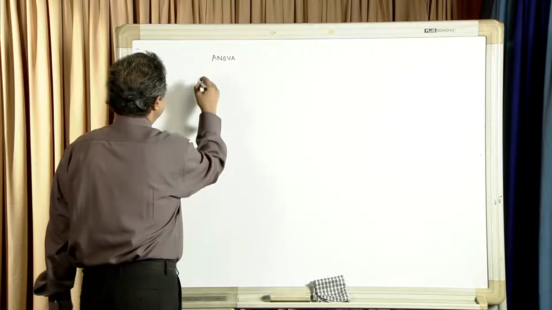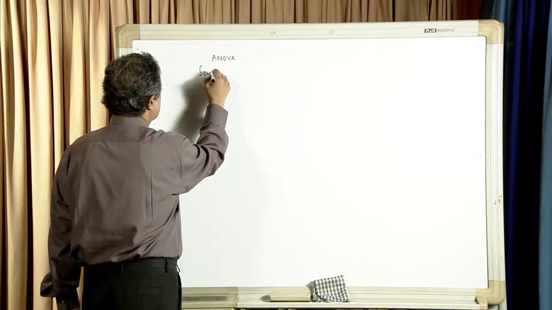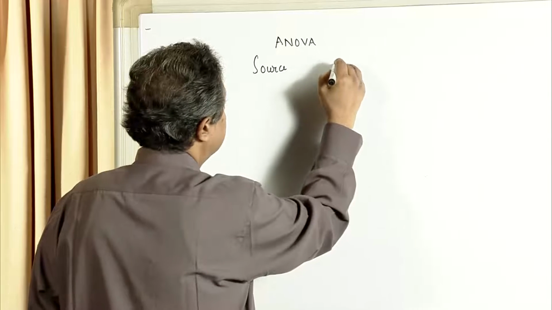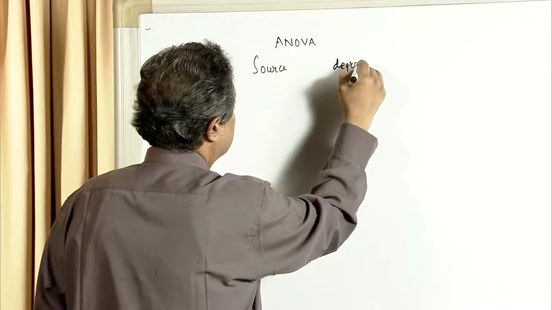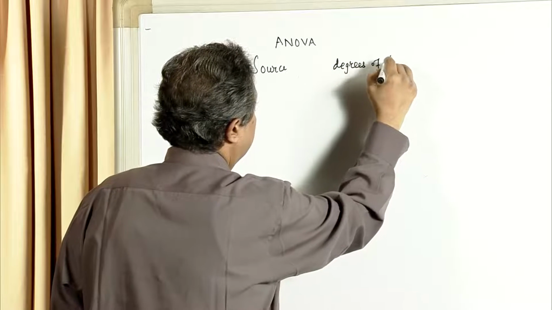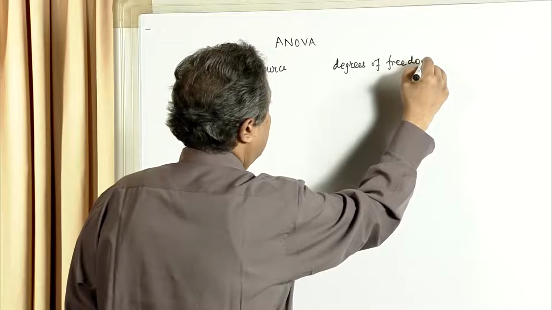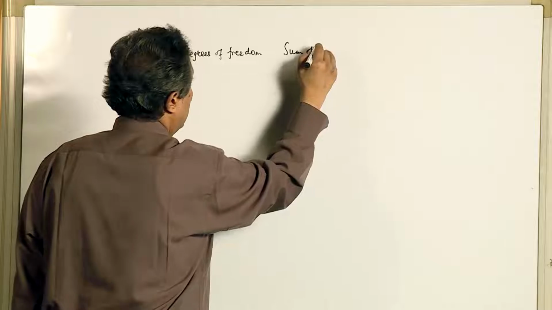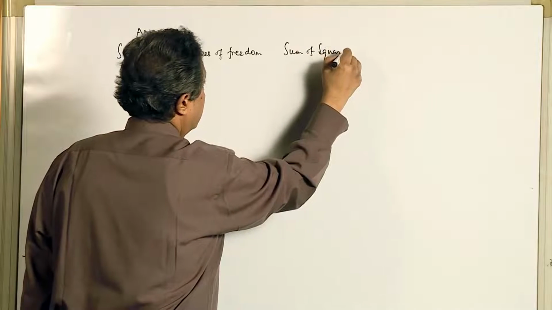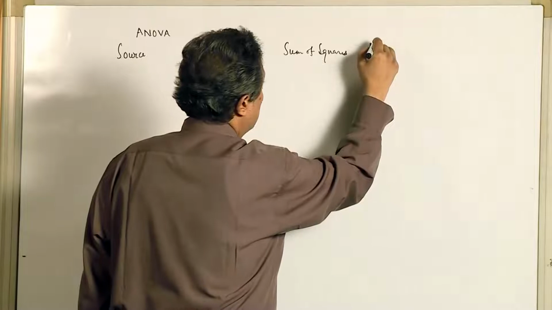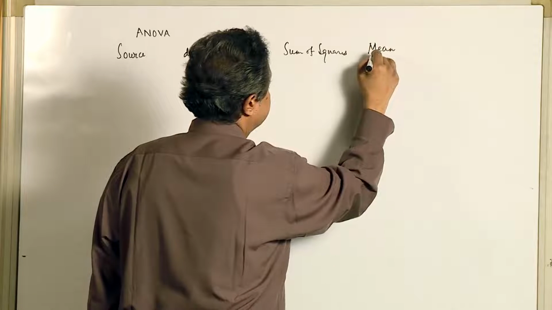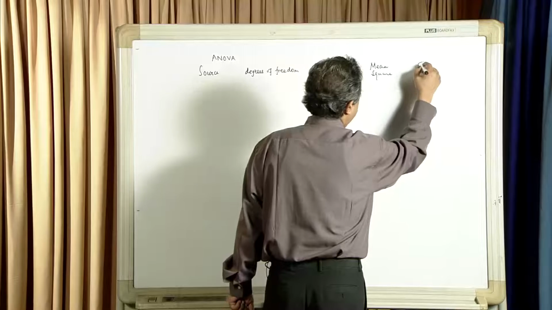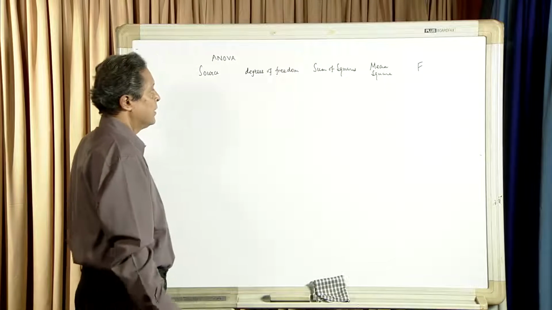The first column refers to the source of variation. The second column gives the degrees of freedom. The third column gives the sum of squares. The next column gives the mean square. And finally, we calculate an F statistic from these results.